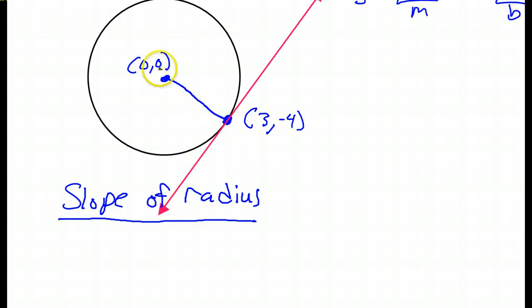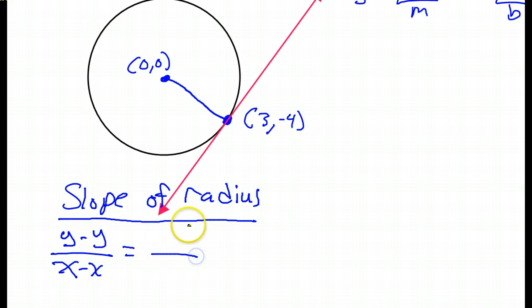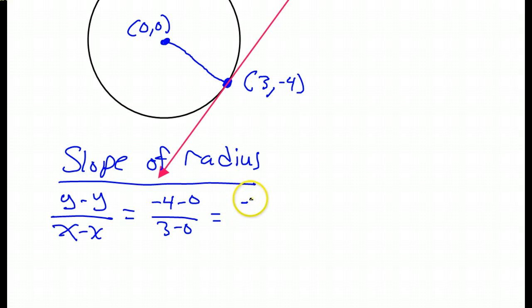We can easily find the slope of the radius because we have 2 points on the radius, and we can just use the slope formula, which is y minus y over x minus x. All right, the order doesn't matter as long as you do it the same way both times. So y minus y, so -4 minus 0, and 3 minus 0. Okay, so that is going to give me -4 over 3. So that is the slope of the radius.